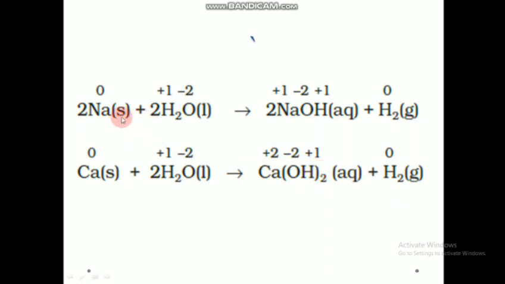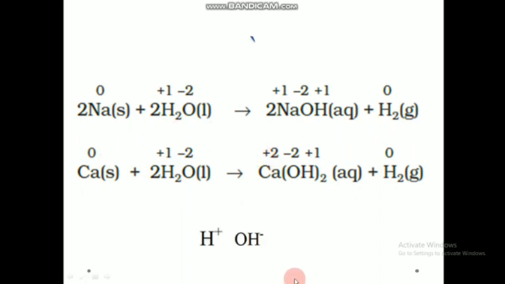In this case also the same reaction happens. Sodium, as it was an alkali metal, was changing from 0 to plus 1. In this case calcium is changing from 0 to plus 2 and hydrogen is changing from plus 1 to 0. So hydrogen is undergoing reduction, calcium is undergoing oxidation by increase in its oxidation number.